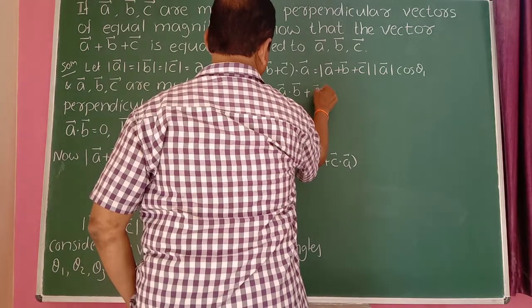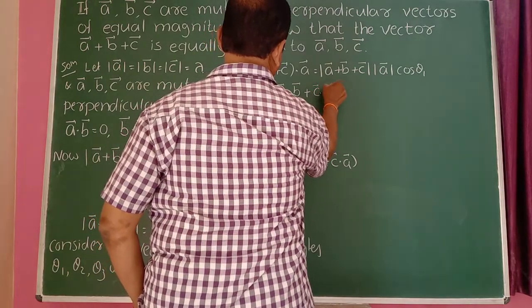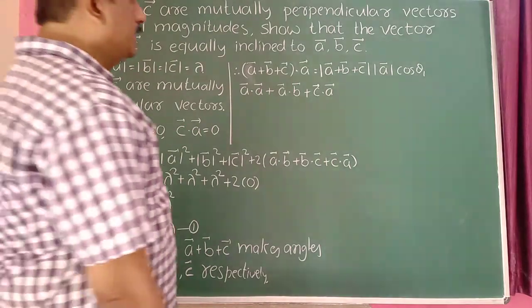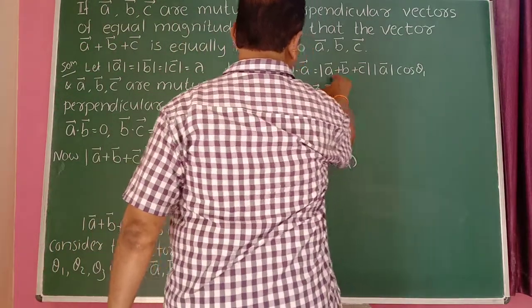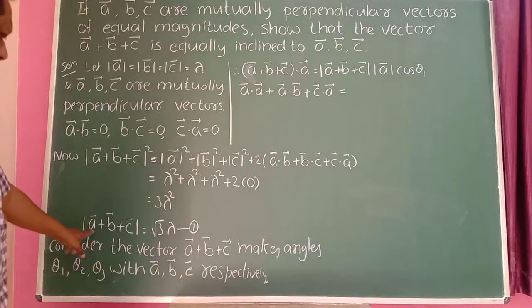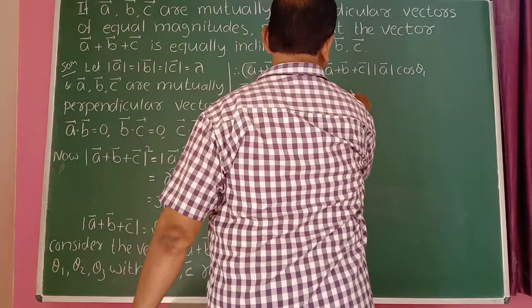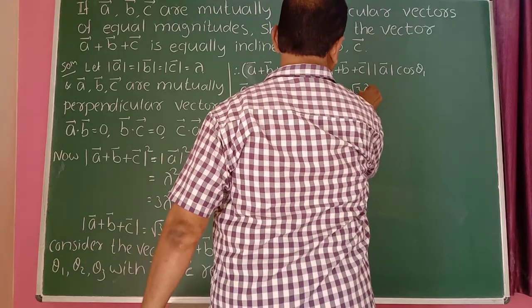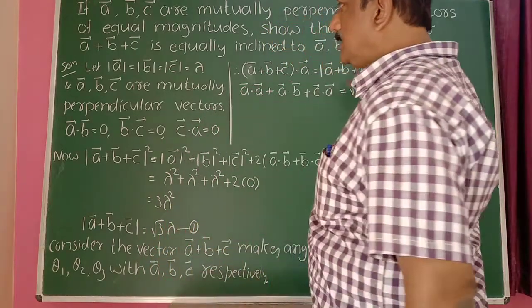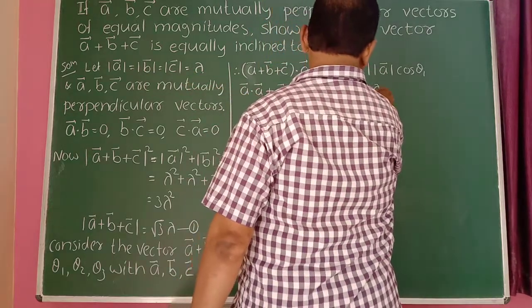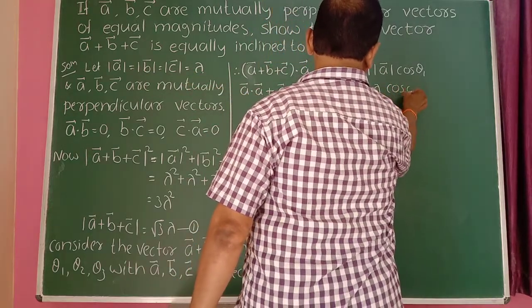This is equal to modulus of A bar plus B bar plus C bar, which is root 3 into lambda, and modulus of A bar is lambda, so we write lambda into cos theta 1.